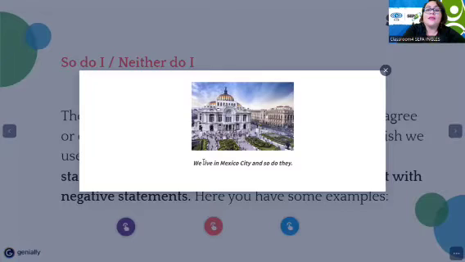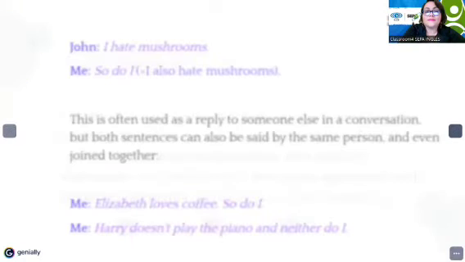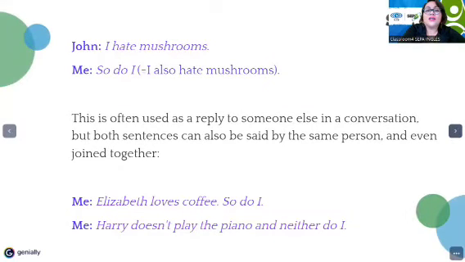Again, we live in Mexico City, and so do they. Okay. Let's go. John: I hate mushrooms. Me: so do I. It's positive. Yo también. I also hate mushrooms.